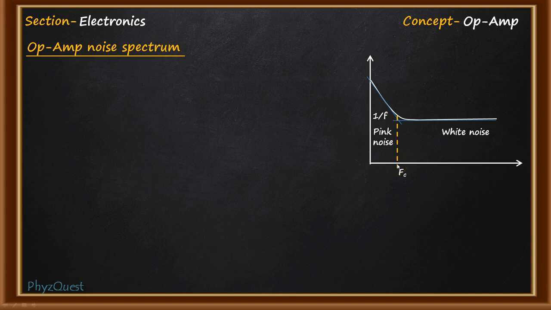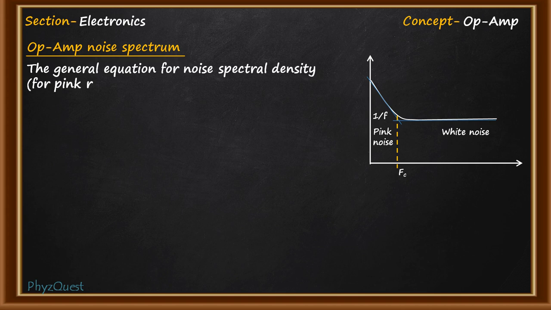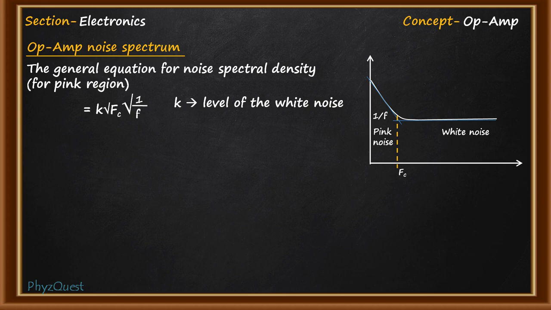The general equation for the noise spectral density for the pink region is equal to K square root of FC square root of 1 by F, where K is the level of the white noise and FC is the corner frequency. K you can find out from the point at which the curve intersects this axis.